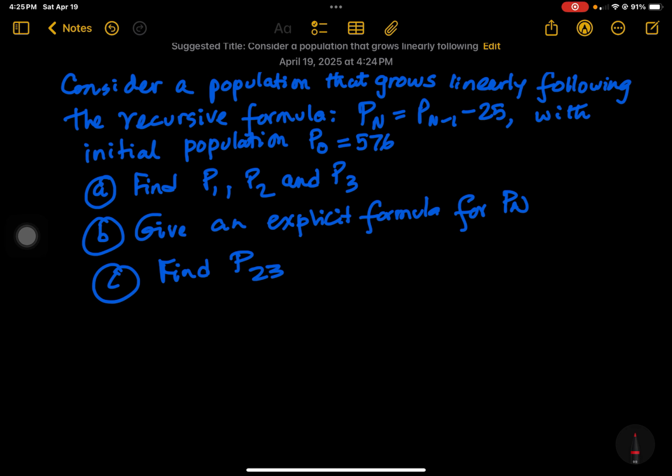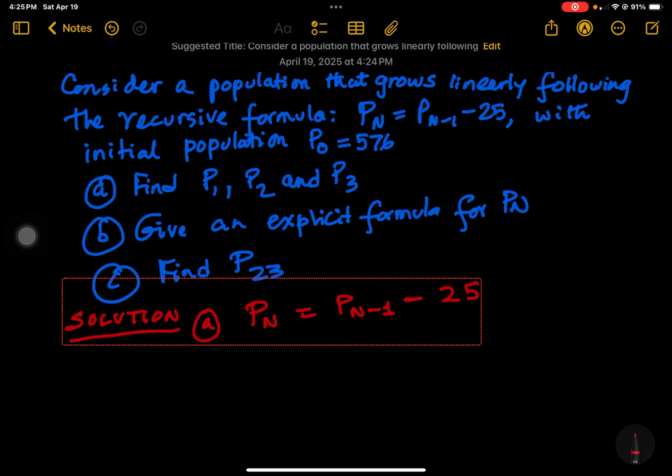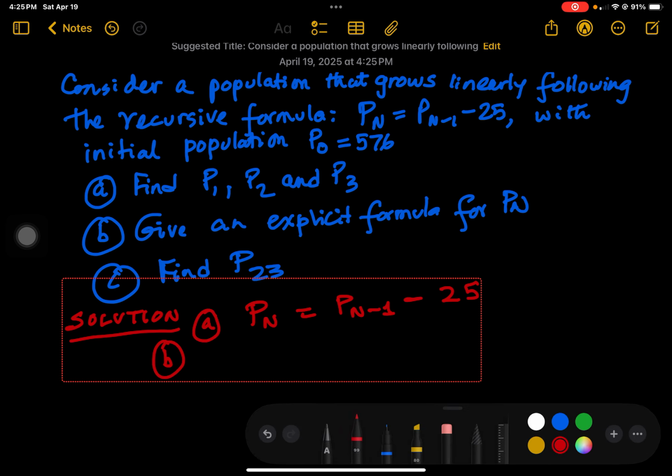So the recursive formula is Pn equal to Pn minus 1 minus 25. Okay, so part A. Let me correct that.